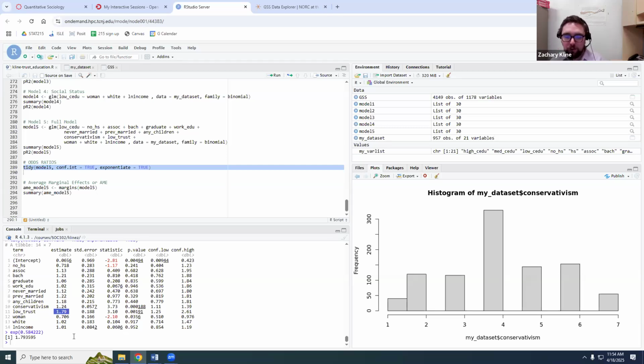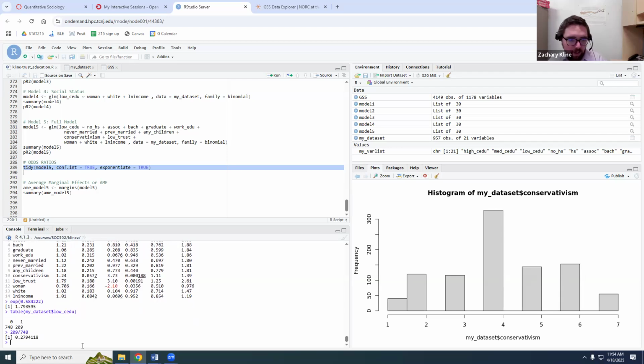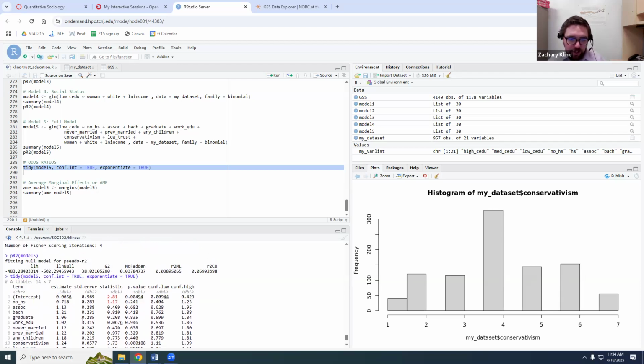So if the probability for those who do not have low trust is, say, 30%, or we can even just look at the baseline of this, right? Table, my data set, low CDU, just the raw baseline marginal probability is around 28%, right? So 28% of respondents generally have low confidence in education.